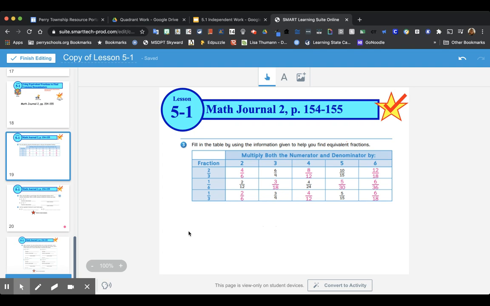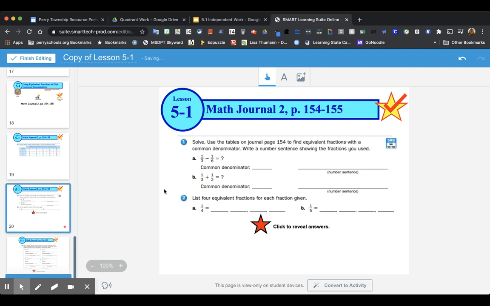And finally, 1/3 is equivalent to 2/6, 3/9, 4/12, 5/15, and 6/18. Now remember, you're going to use this table and the other one to help you solve these problems. Again, you should have already solved these. Let's check them out together.